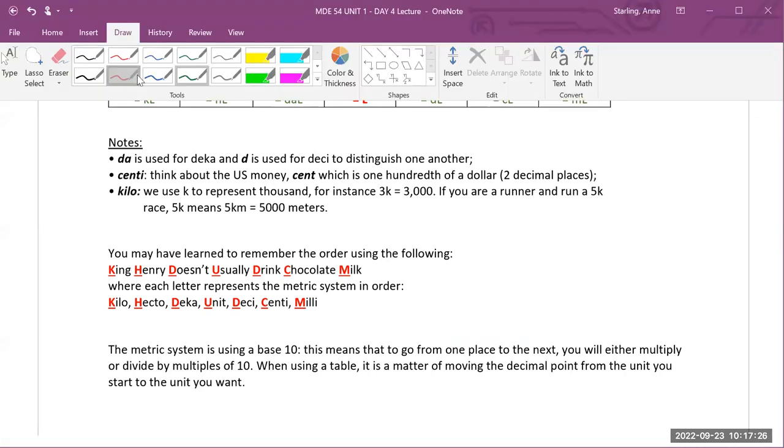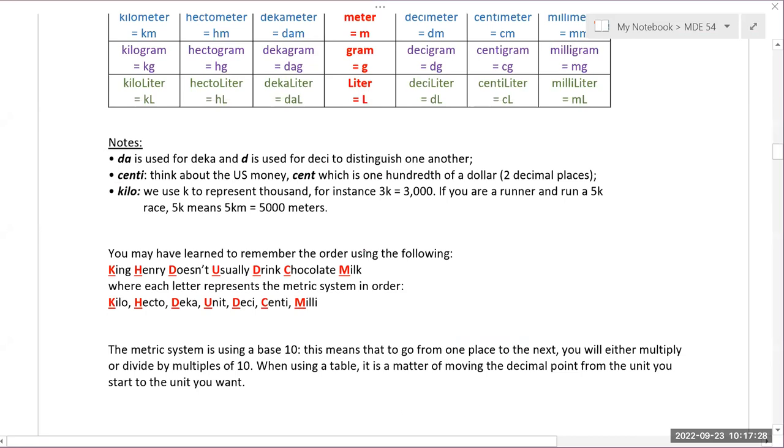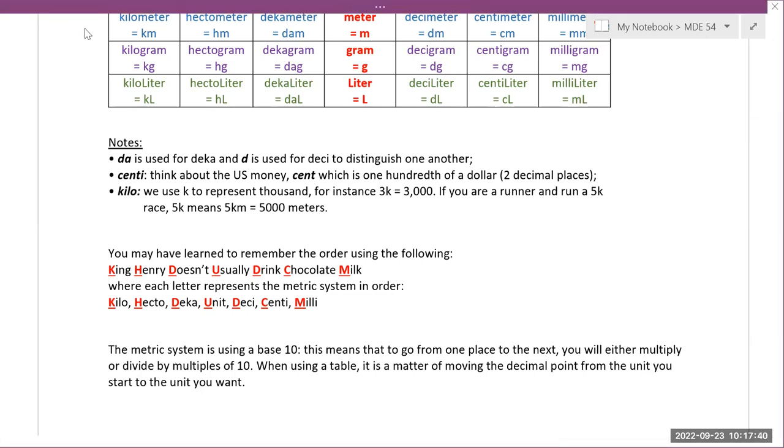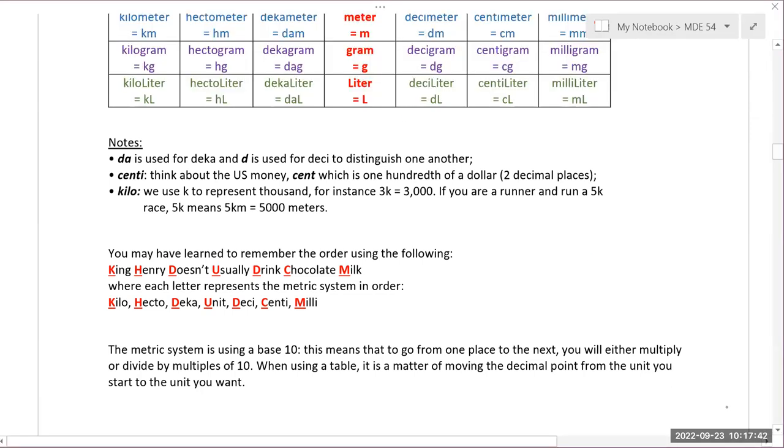Kind of a quick little mnemonic for it: the kilo is king, the hecto is Henry, deca is dozen, unit is usually, deci is drink, centi is chocolate, milli is milk. You can think of it as King Henry doesn't usually drink chocolate milk.